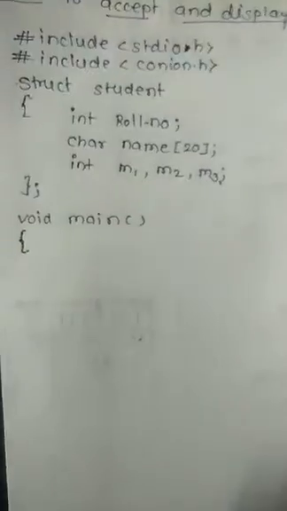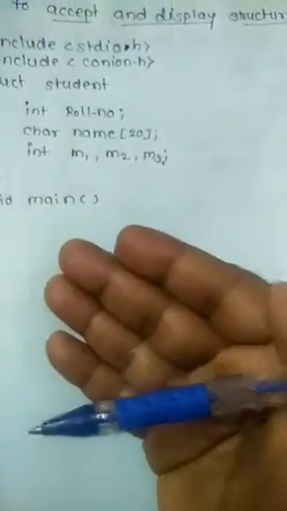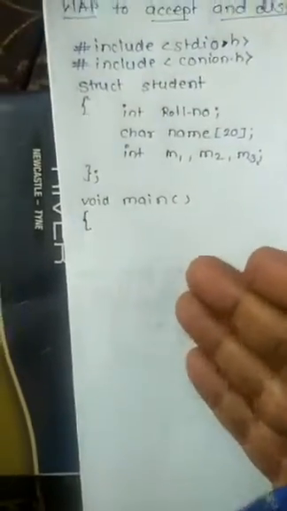I know only that I have the structure. So inside the main function I cannot write the roll number, name, M1, M2, M3 marks directly. These are simple variables, not structure variables. Got it? So I know only the structure, and the structure knows my student data.